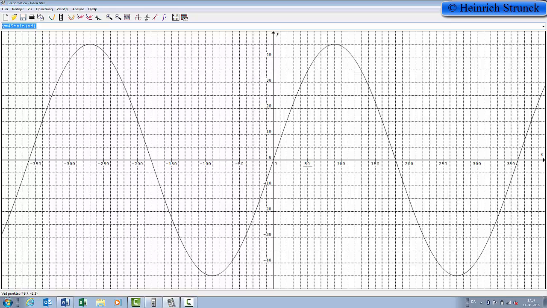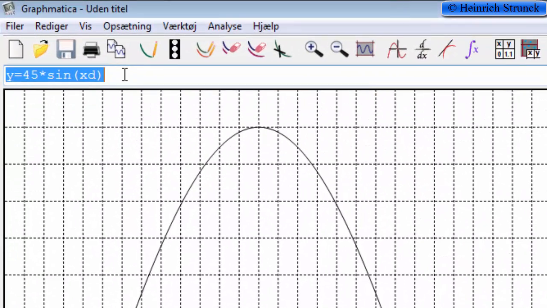And actually it would be better if these numbers were negative and these numbers were positive. But in Graphmatica it is a coordinate system, and normally we have positive values to the right. So maybe we could wish that these were negative and these were positive, but I think it's not a major problem.